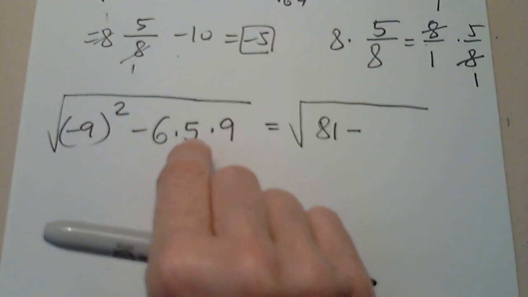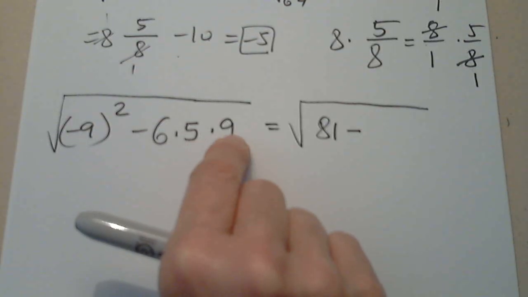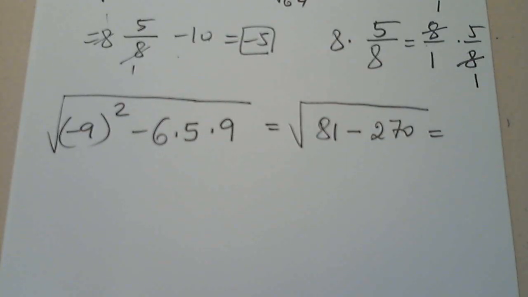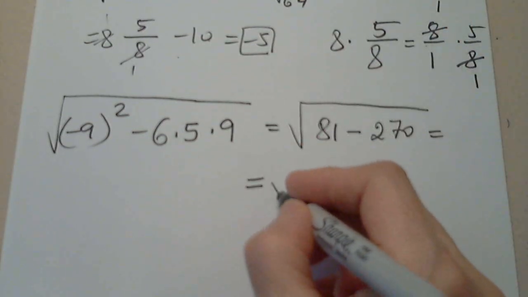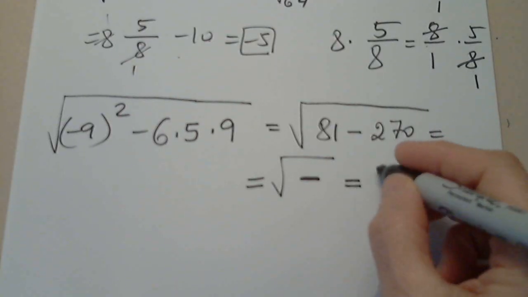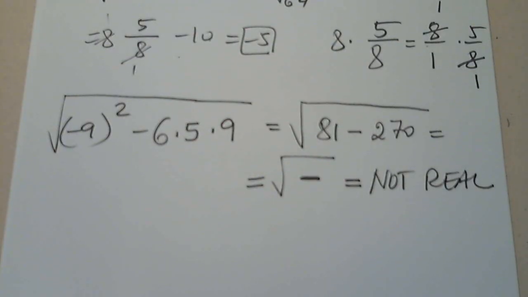What I like to do is 5 times 6, which is 30. 30 times 9 is 270. I realize, and I don't have to calculate, that this is the square root of a negative number. What will I write? Well, I have to write not real. This is not a real number. And you don't have to do anything else. Any questions? So on the answer bar, we actually just write not real? Exactly. Not a real number.